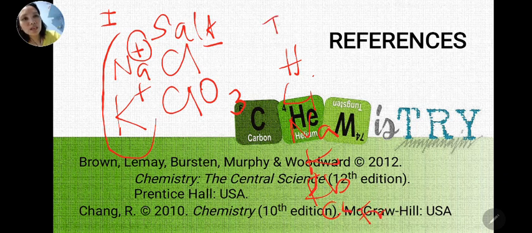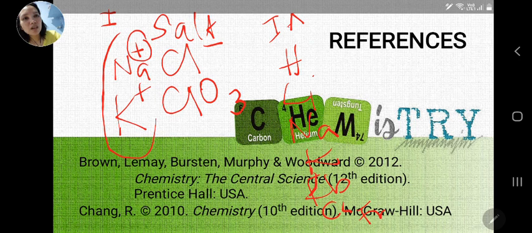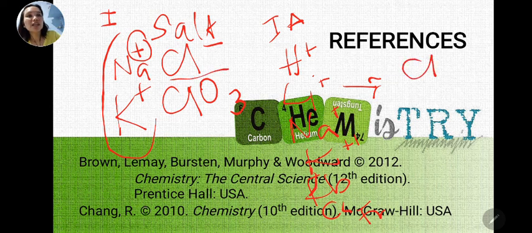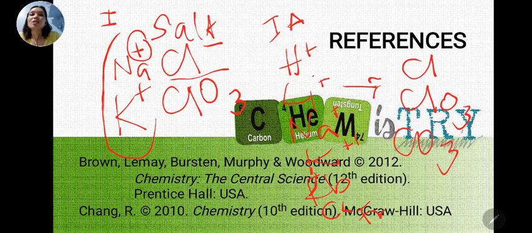Nasa group 1 sila, group 1A. So, these are positively charged ion with a positive 1 charge. Okay, so usually, magko-combine sila with a negatively charged ion like chloride, chlorate, carbonates, yan. So, pwede nyong i-search kung ano-ano yung salts. Paki-search nyo na lang yung mga salts para magkaroon kayo ng idea.